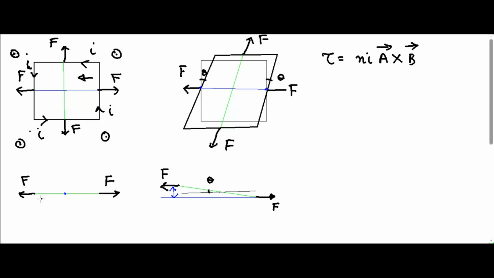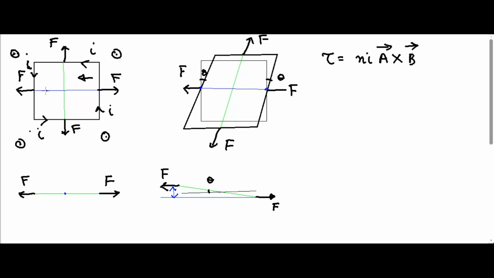If you notice, these forces pass through each other, so they will not create any torque, because if I extend this force and I extend this force, they will pass right through each other.